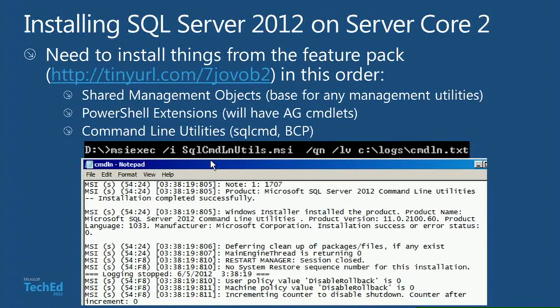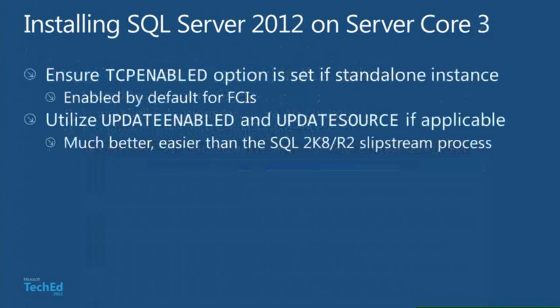If you do install some of the feature pack tools, there are some dependencies. You can't install the PowerShell extensions before SMO is there because it depends on it, so just make sure you do it in the right order. TCP enabled. Very important because you want to do remote administration. If you don't have TCP enabled, it's going to be a little hard to connect to your server.